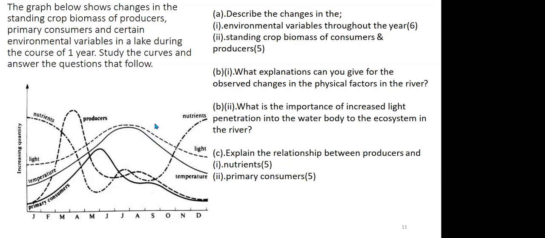But besides that, we know that in the rain season we have what we call cloud cover. Okay, and that is from September to December. See, from September to December we are seeing the light intensity and the temperature are coming down for the water body. So the quantity of light decreases due to cloud cover during the rainy season.